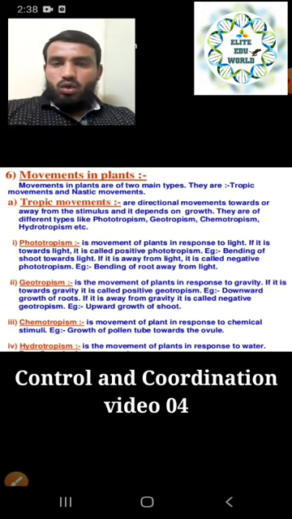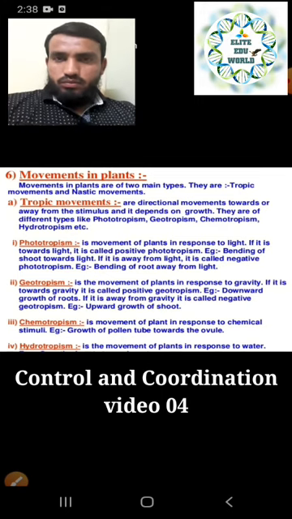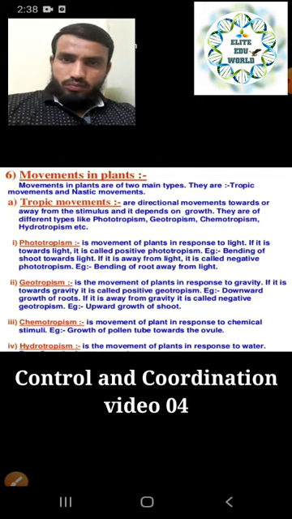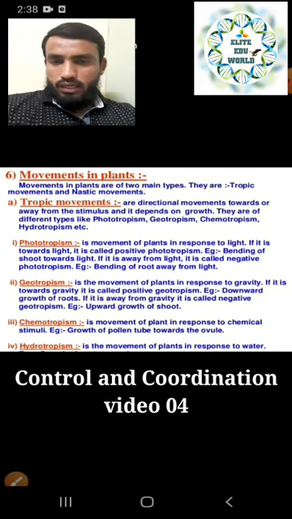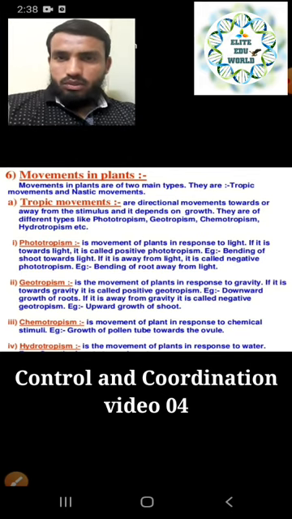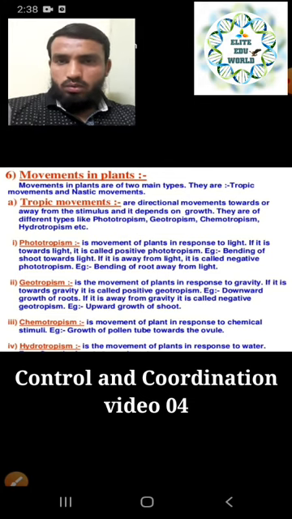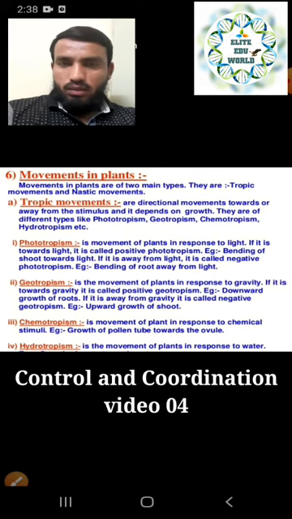So in tropic movement we have seen four examples. Phototropism, the movement of the plant in response to light. Second, geotropism, the growth of the plant in response to gravity. Third, chemotropism, the movement of the plant in response to chemicals.